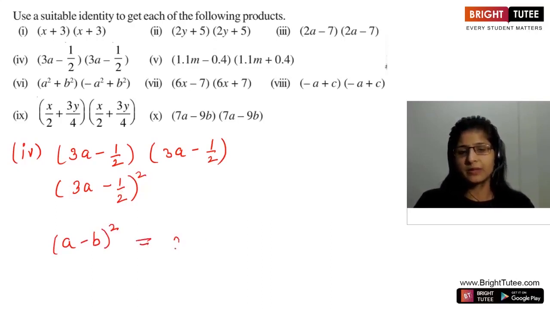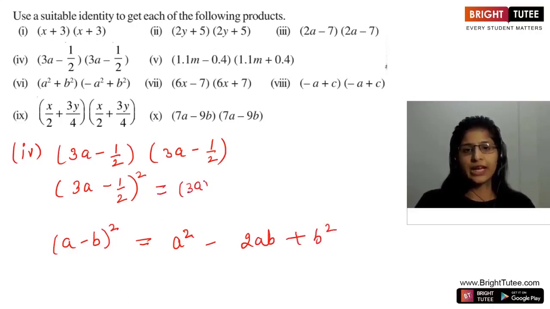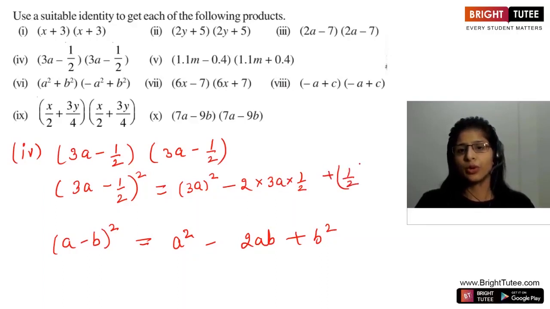We know (a minus b) whole square is a square minus 2ab plus b square. Let us use this here. (3a) whole square minus 2 into 3a into 1 upon 2 plus (1 upon 2) whole square. So we see (3a) whole square is 9a square minus, 2 and 2 get cancelled, 3a plus 1 upon 4.